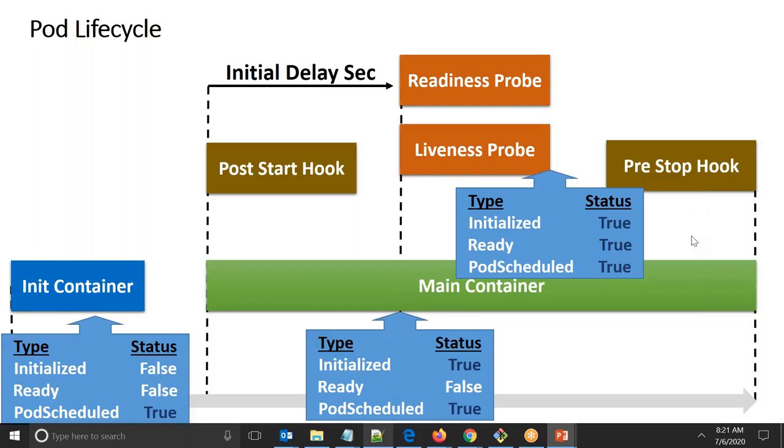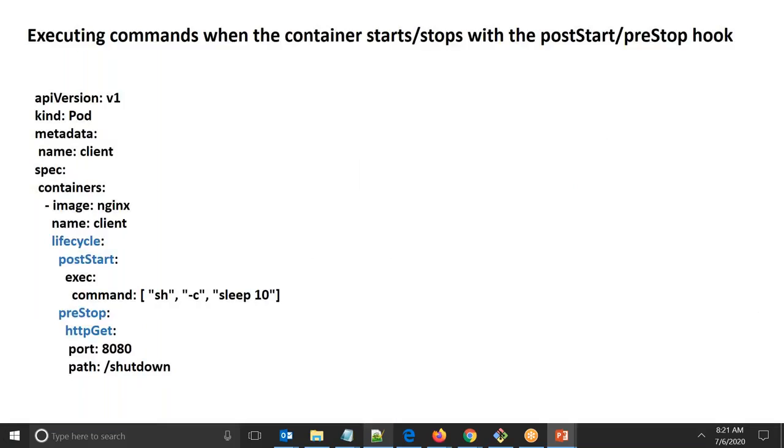So again, it depends on what kind of scenarios your application is running, so that as soon as your application comes up, you need something automatically triggered, or before your container is going to stop, you can run some trigger. Okay, so in that case, in the spec of the container, you are going to add a new keyword called lifecycle.